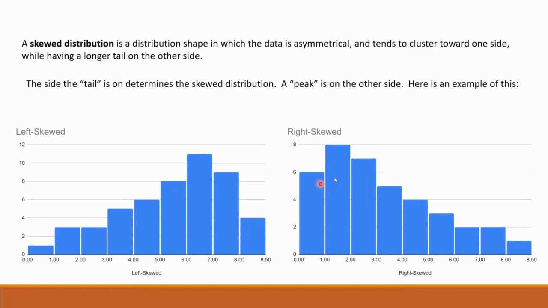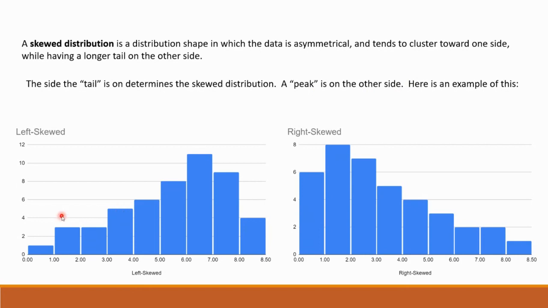There are more data values here, whereas over here, the data values tend to cluster towards this side of the histogram. And the other side here, they call that a tail. The highest bar is what they call the peak.